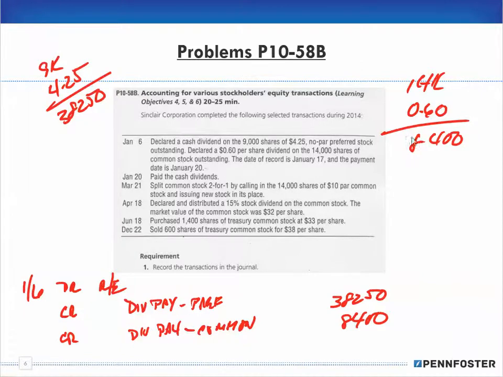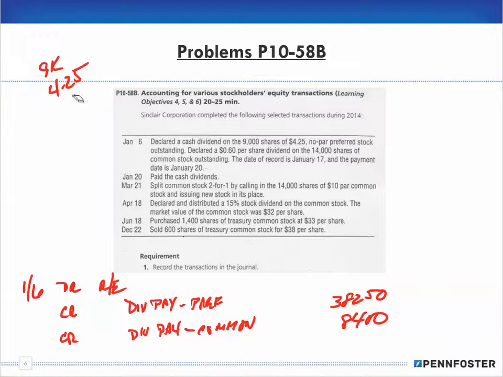Well, in this situation here, we didn't go through the gyrations that we did in problem 10-56. Here, when they're declaring the cash dividend, they're just saying this is how much preferred gets and this is how much common gets, and it's just that simple. We're not looking at any cumulative or non-cumulative, so we don't have to go through those gyrations, all right?